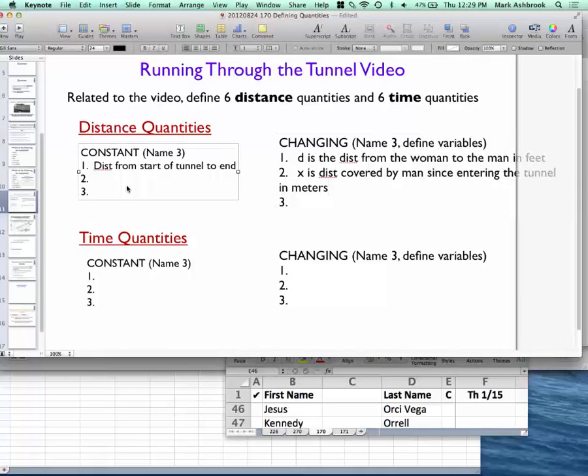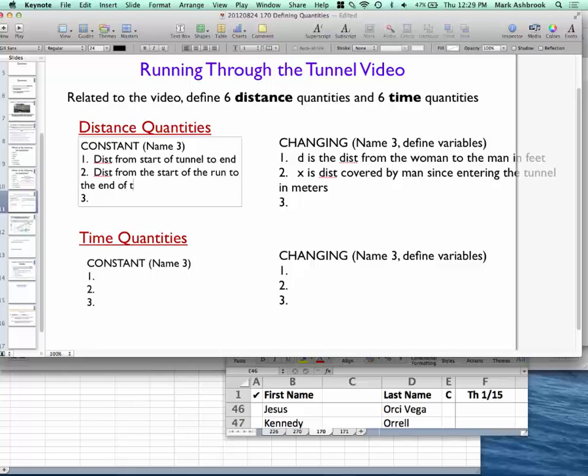All right, let's do one more constant distance quantity. Where is Colleen Sullivan? Tell me one more constant distance quantity that you came up with. Okay, so what do we think? Is it a quantity?